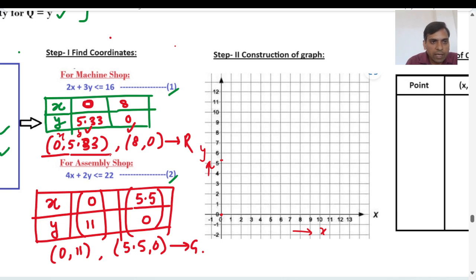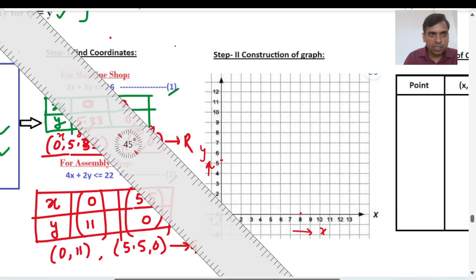And the second point is 8, 0. So 8 is on the x-axis and 0 on the y-axis. So y equals 0 at the same point. Now we have 2 points: one is this at 5.33 and the second point is 8, 0. Now we will match these points.